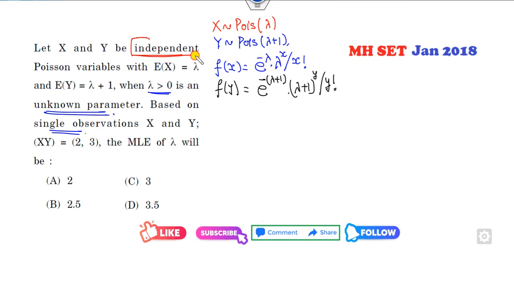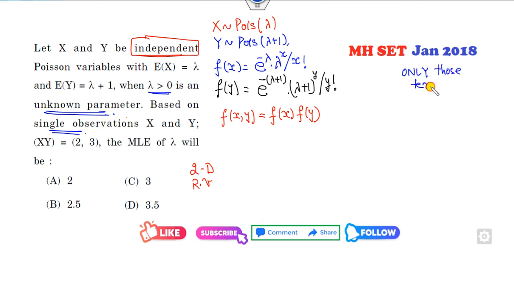Now since they are independent and this is a two-dimensional random variable, can you find the PDF of (x, y)? Because they are independent, I can write this as fx into fy. I consider only those terms which involve lambda, so I can ignore the denominator part. This gives e raised to minus lambda, lambda raised to power x, e raised to minus (lambda plus 1), (lambda plus 1) raised to power y. Because it is based on a single observation, there is no need to write the product form. Simplifying, it is e raised to power minus (2 lambda plus 1), lambda raised to power x, (lambda plus 1) raised to power y.